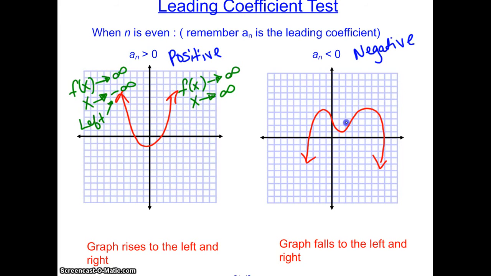Okay, now let's look at when a is negative. On the left, your function is going down, negative infinity, as x goes left. On the right side, your function is going down as x approaches positive infinity, because again, you're talking about the right side.